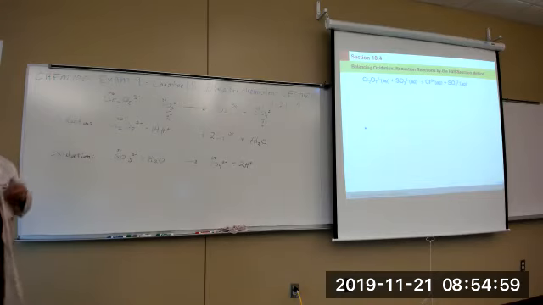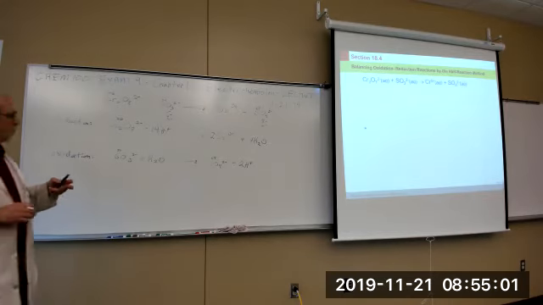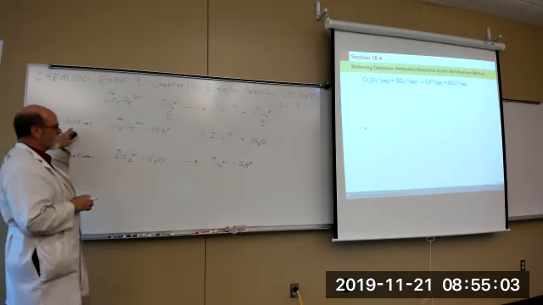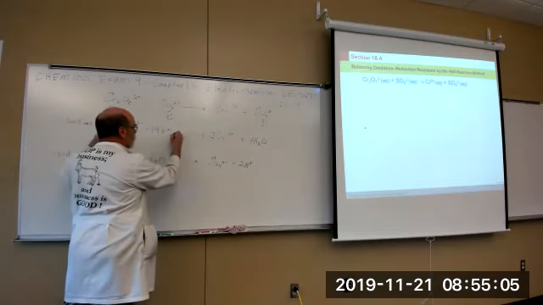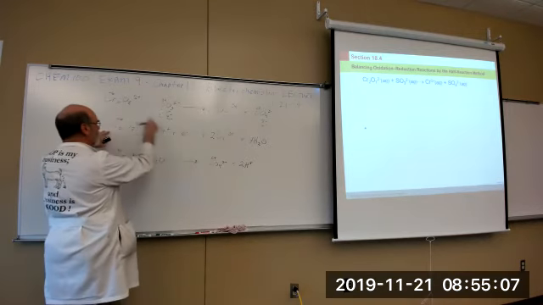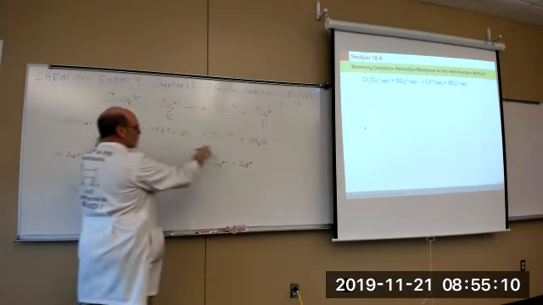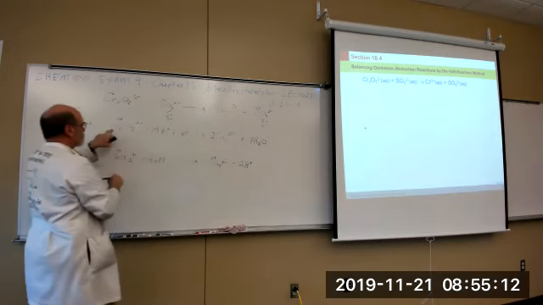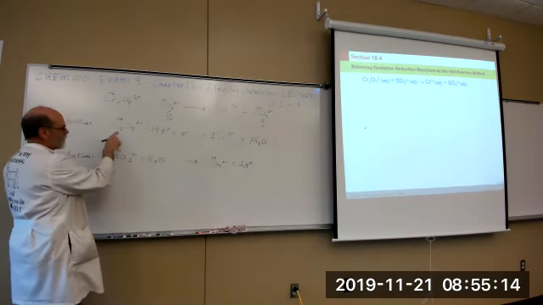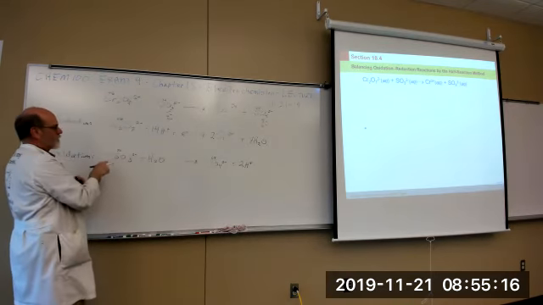Now we have to balance the electrons. So if this one was reduced, that means the electrons are going to be on this side. We're adding electrons here to give us 3 pluses on that side. So how many electrons were actually transferred?